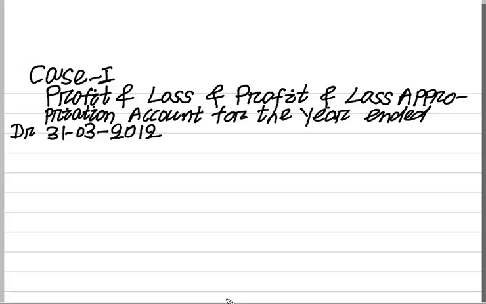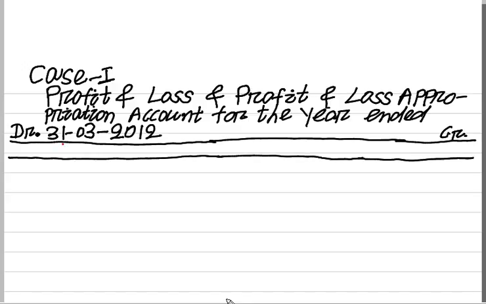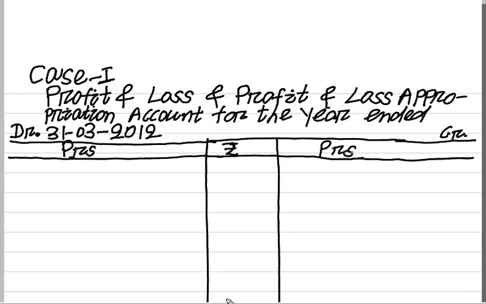Debit and credit. Then your format: particulars, rupees, then particulars, rupees.